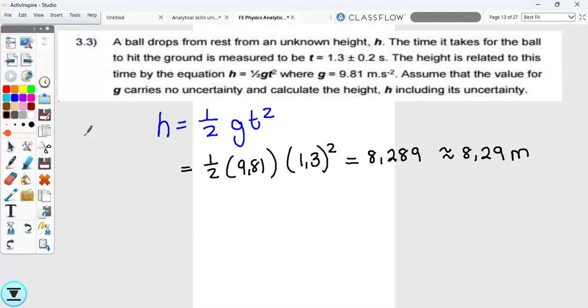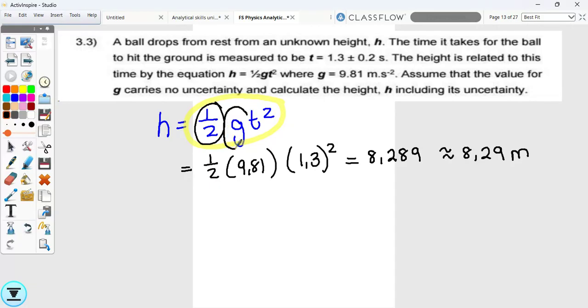So what you need to think is, in this equation, which values had an uncertainty in it? The half is a real number, so that doesn't have an uncertainty in it.